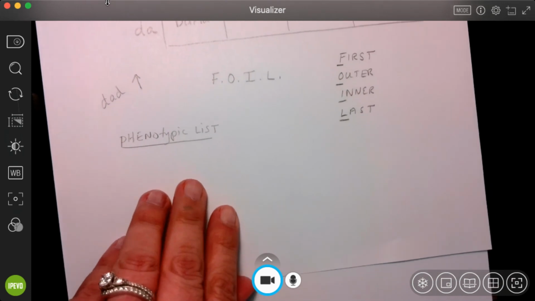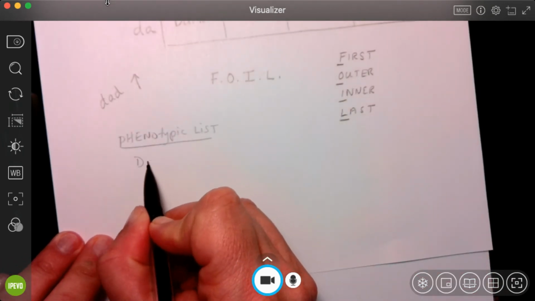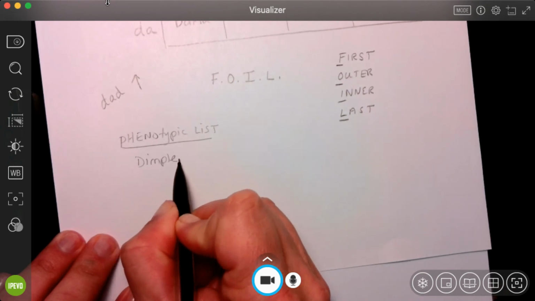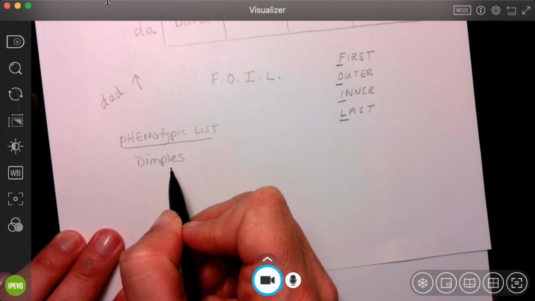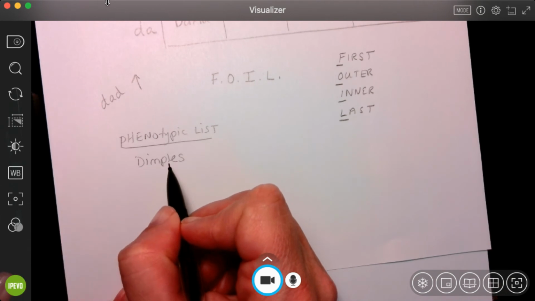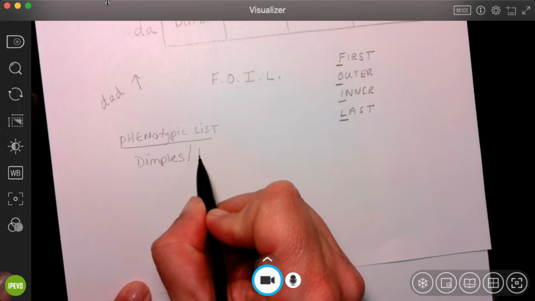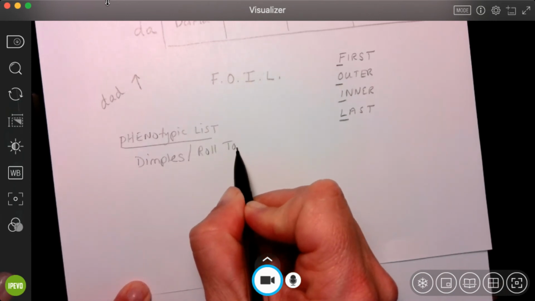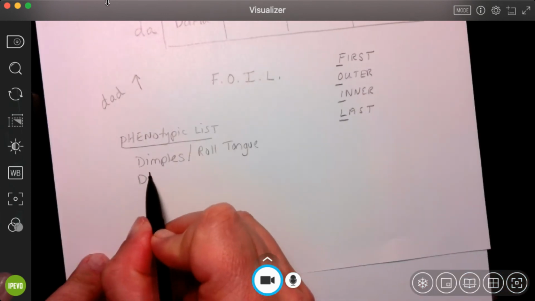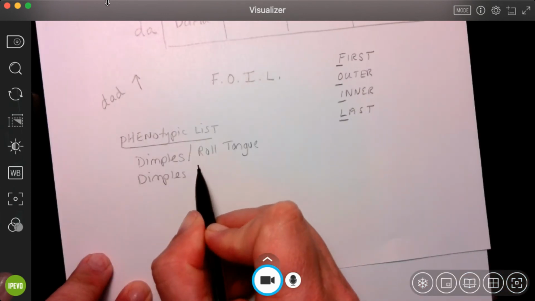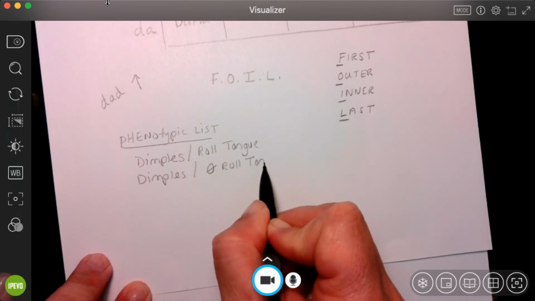So what are our possibilities? Well, we can have offspring that have dimples, for sure, but we have to combine both of these different traits that we've been talking about into the same kind of phenotype. So dimples and being able to roll your tongue, that'd be one phenotype. We could also have people that have dimples and can't roll their tongue.